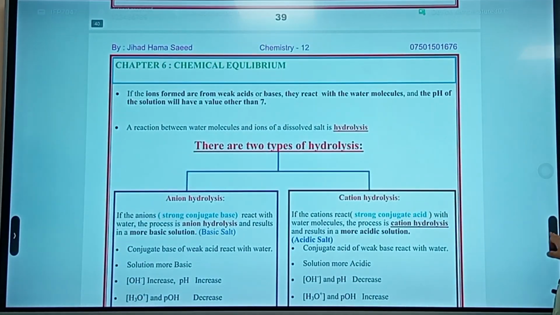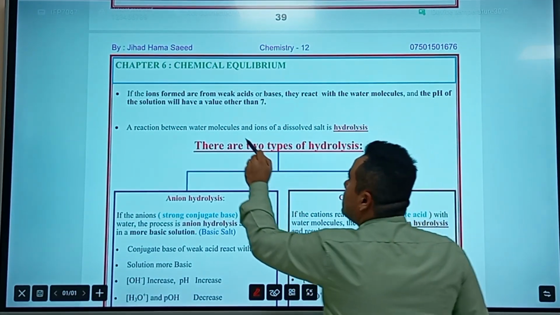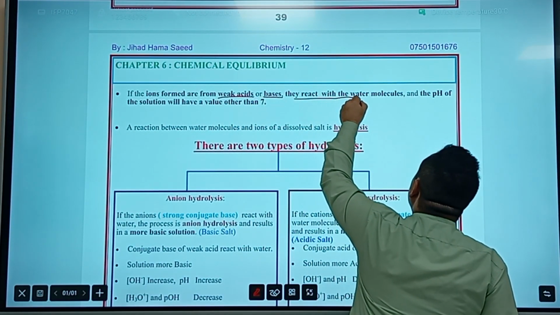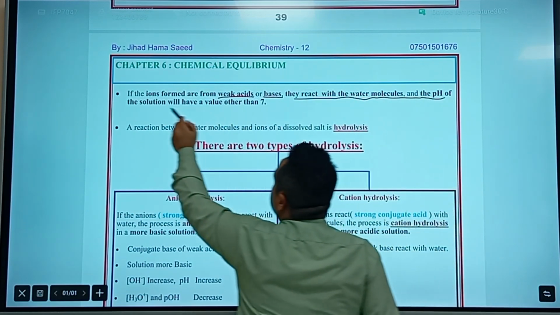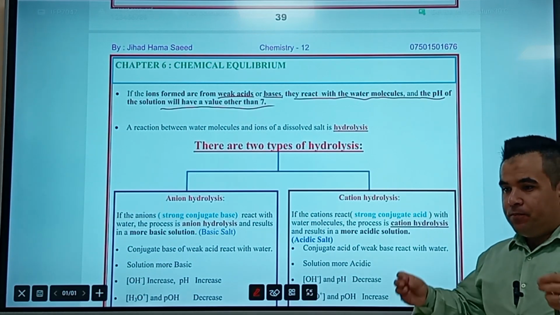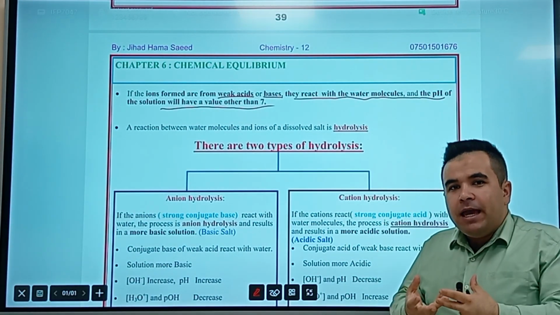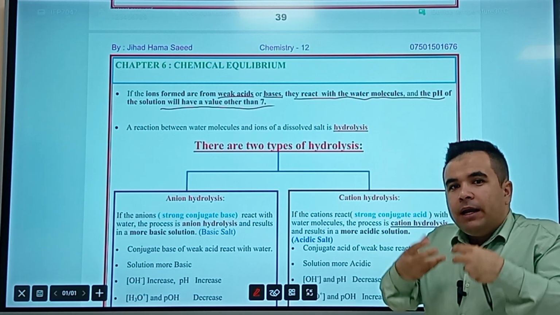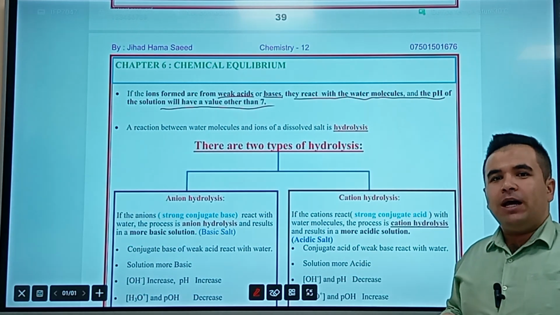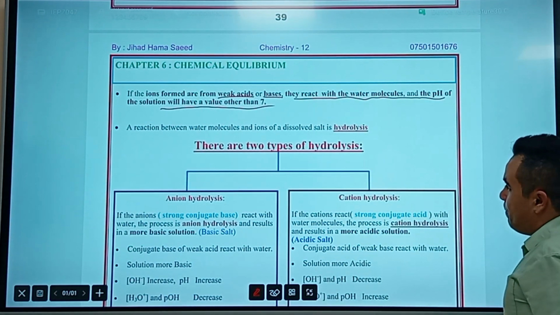Guys, for these salts, the ions formed are from weak acids or bases. They react with the water molecule and the pH of the solution will have a value other than 7. In some of these salts, when they dissociate, they form an ion that has a tendency to react with water and change the pH, pOH, hydronium and hydroxide of the medium.